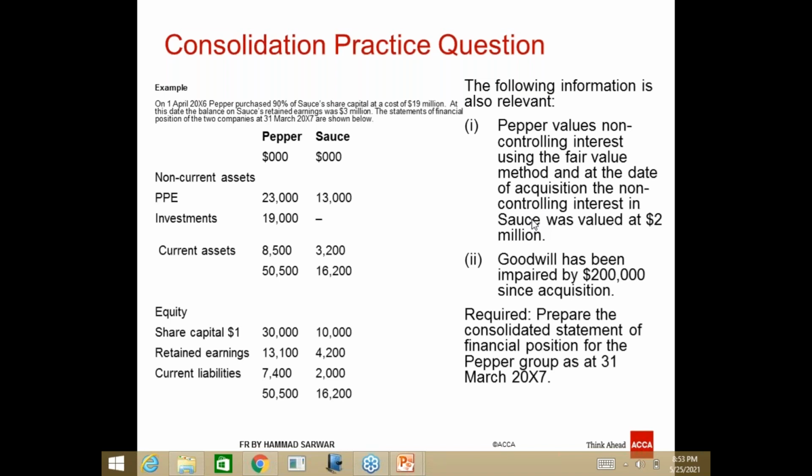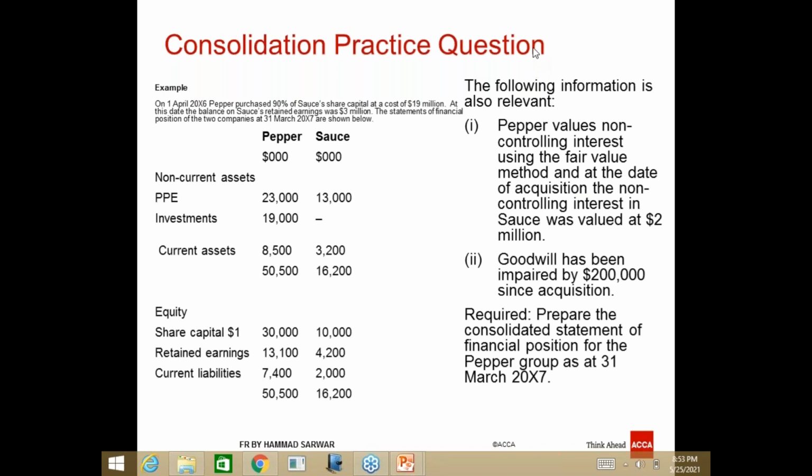If the acquisition was mid-year, you need to apportion the profit between the two periods, and then you will be able to find out the net assets at the date of acquisition.